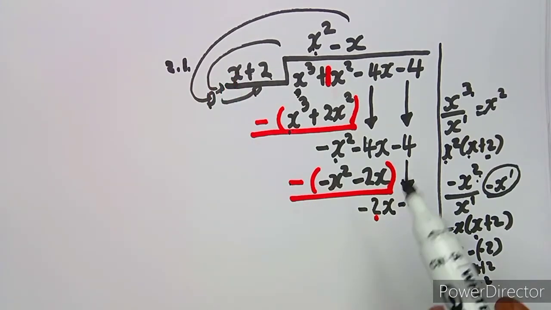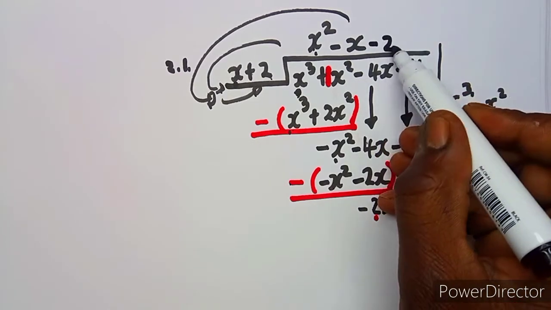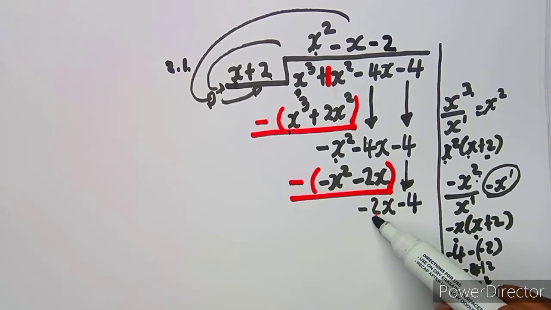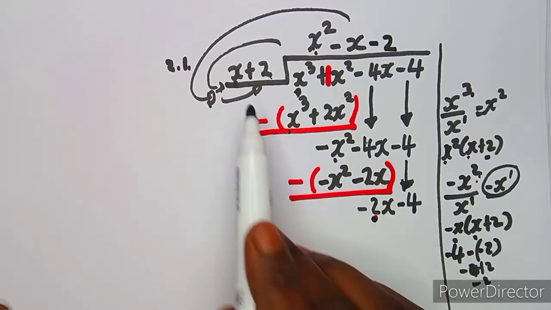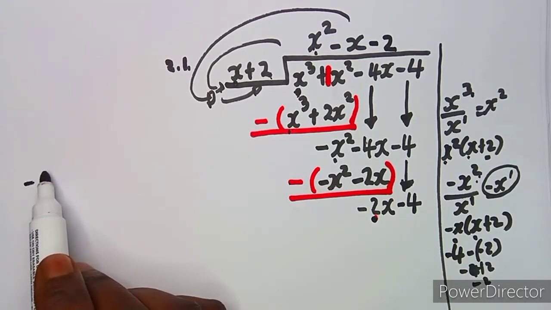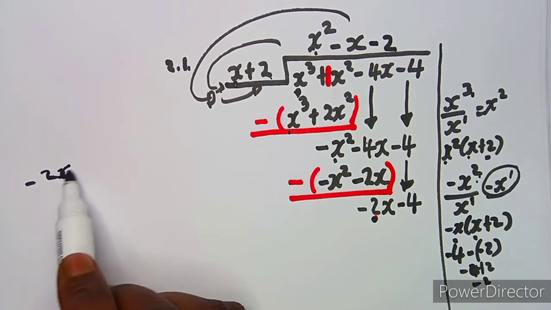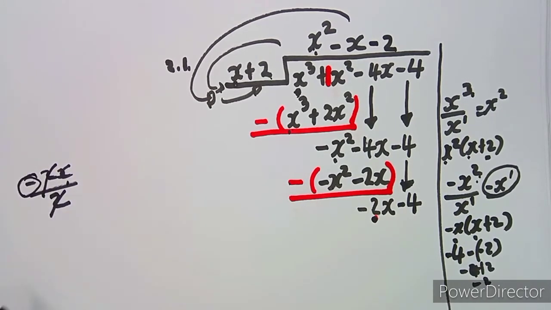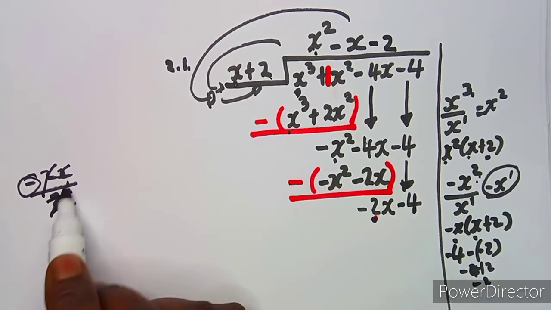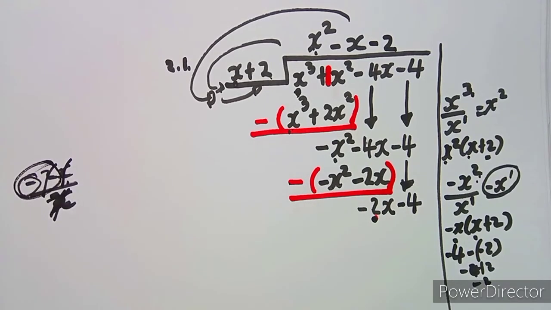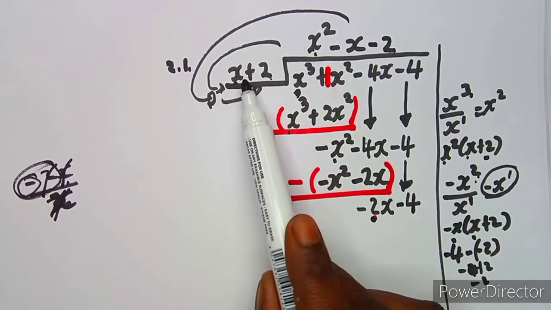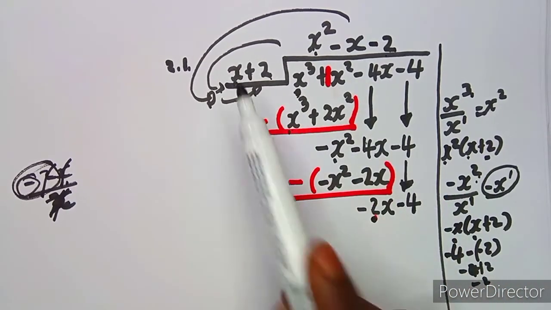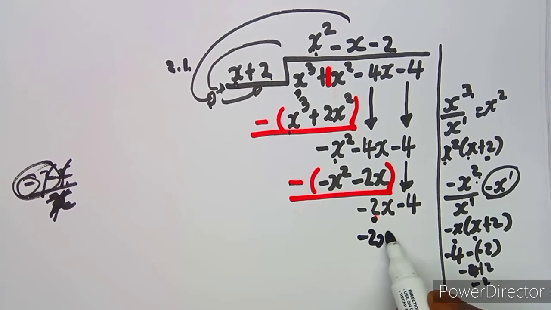So take note, guys, minus 2x divided by x is minus 2, because x and x will cancel. You remain with minus 2. And minus 2 multiplies back here. So it's minus 2 times x, which is minus 2x.